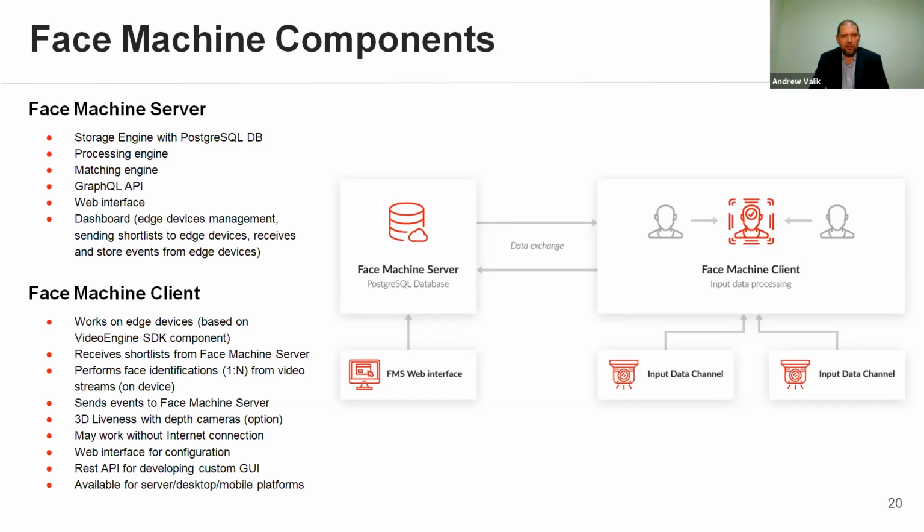Okay, and it can work with 3D cameras, or with two-dimensional cameras for depth liveness. It can sometimes work without an internet connection to the server. For example, it can receive shortlists from the server and afterwards work offline, and produce identification events without connection to the server.